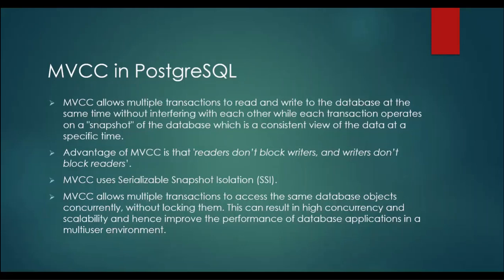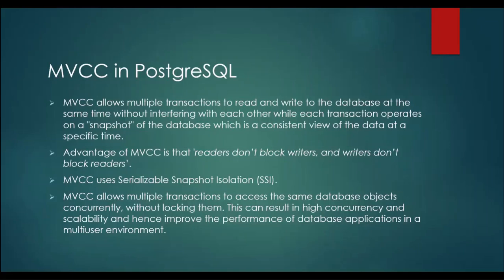Based on this algorithm, MVCC manages the consistency. We'll see how it manages the consistency whenever you have conflicts on transactions, like multiple transactions performing at the same time, how serializable snapshot isolation comes into the picture and how it helps MVCC.